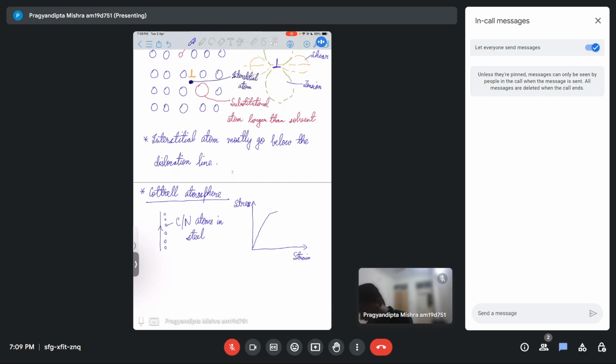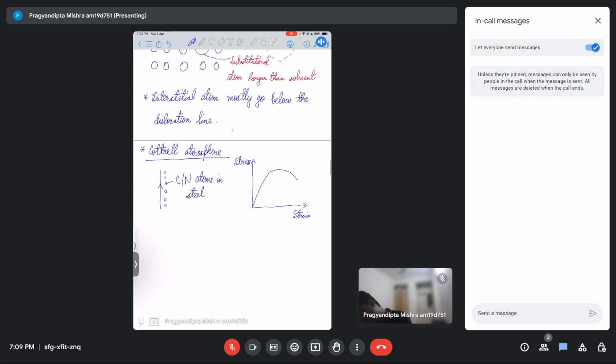You'll see it like this, right? This is a general stress versus strain curve. But in steel, what will happen is when yielding starts, because of the presence of this carbon or nitrogen, initially you will have to supply an extra energy. Okay.